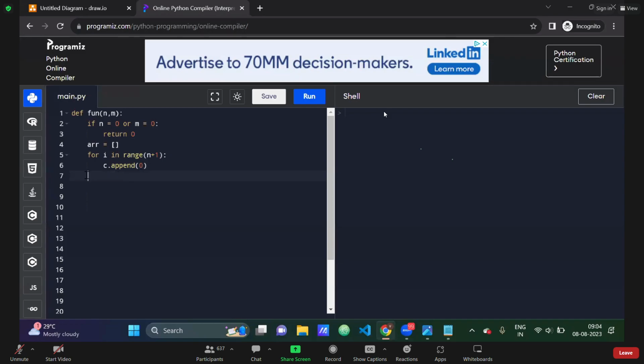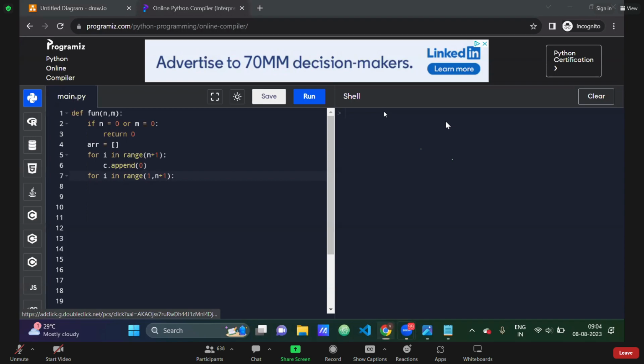I'm just doing it for understanding purposes. Now I need to traverse through the heights, for I in range of n plus 1, where height starts from 1. The 0 condition is satisfied, right?